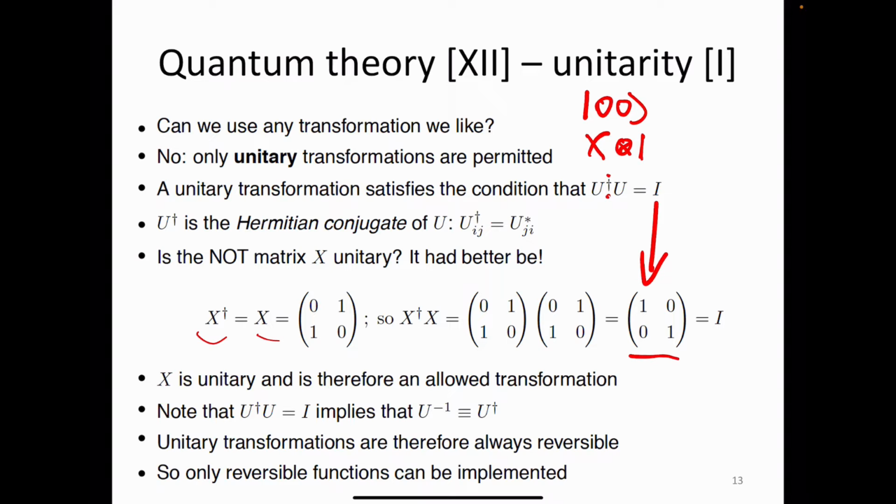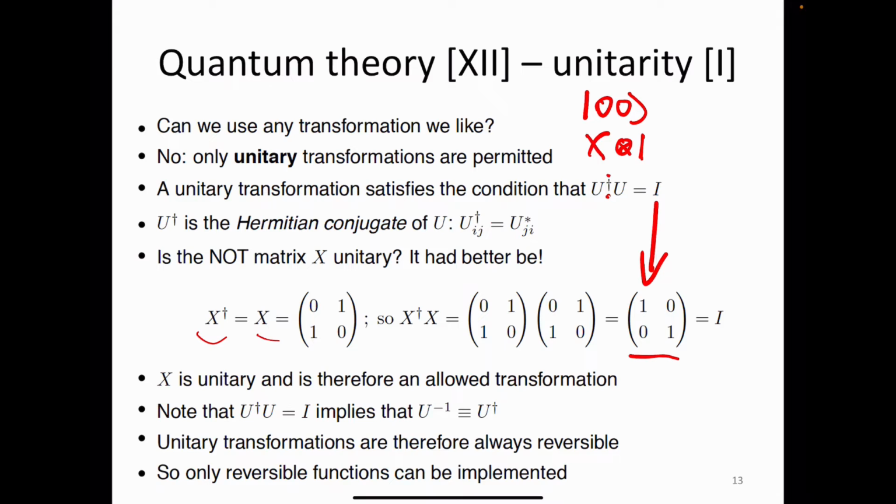So X is unitary and is therefore an allowed transformation, as we can see, because this multiplication, the complex conjugate transpose times the original transformation, gives you back identity. Now, the unitary transformations are always reversible. That's an important fact.